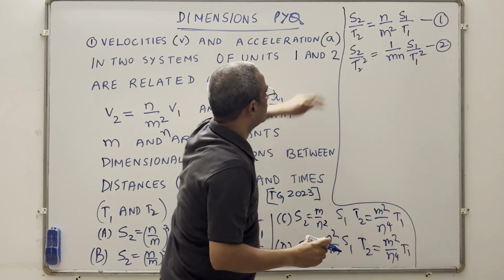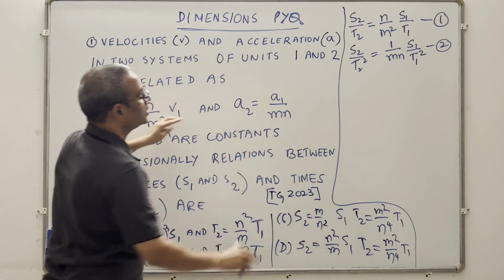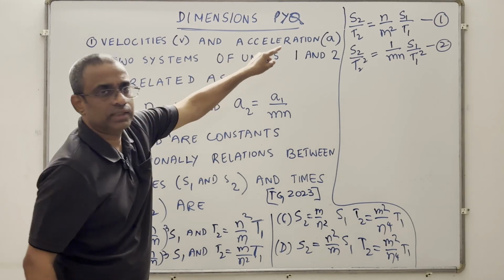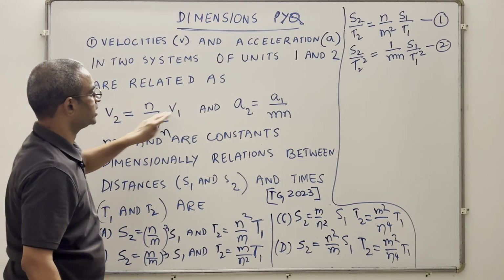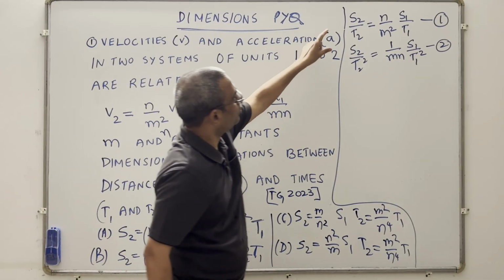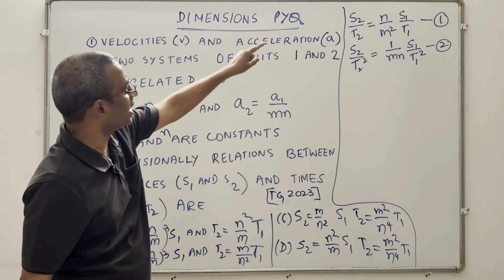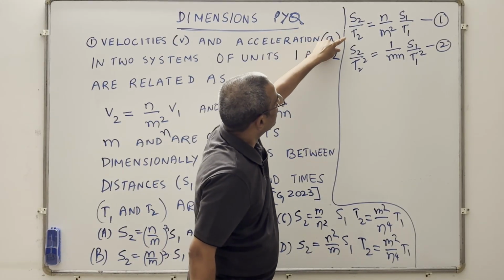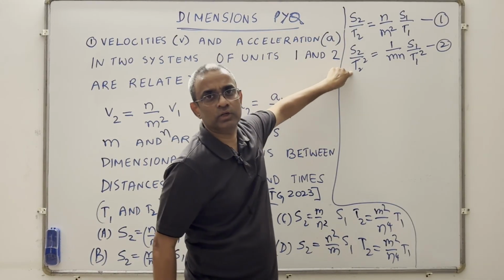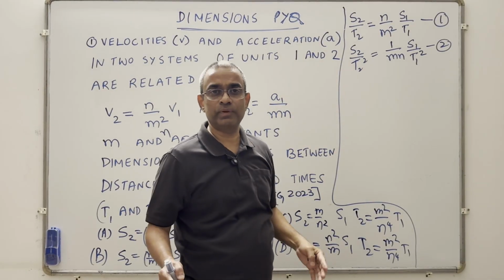What we have done is we have just written these two equations in the form of distance by time and distance by time square, because they are velocity and acceleration. Now, they are asking how S2 and S1 are related, and how T1 and T2 are related. So what do you think?